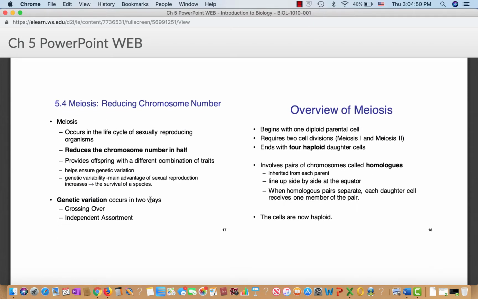Okay, so mitosis maintains the chromosome number. Meiosis reduces the chromosome number, and meiosis is the process by which you produce gametes, or sex cells.